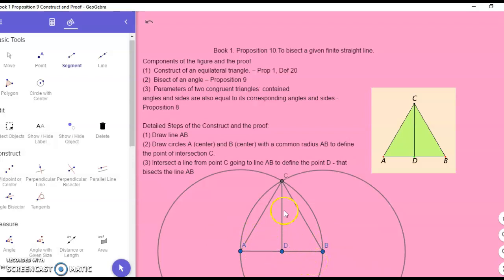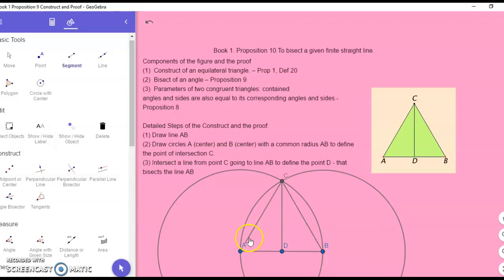However, we just bisected the big angle ACB by having line CD here. So we have two equal sub-angles, ACD and DCB. Okay, so we can then use the side-angle-side theorem.